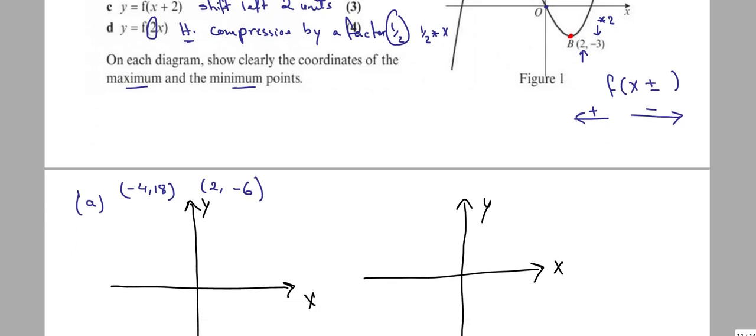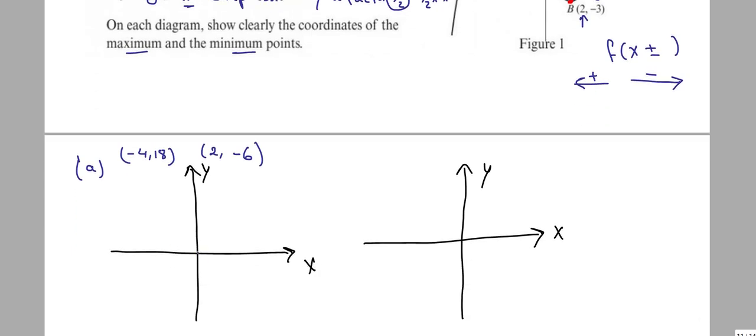The 0, 0 is the same. So I have here 0, 0. My maximum will be here at minus 4 and 18. And my minimum will be at 2 and negative 6, so it's here.